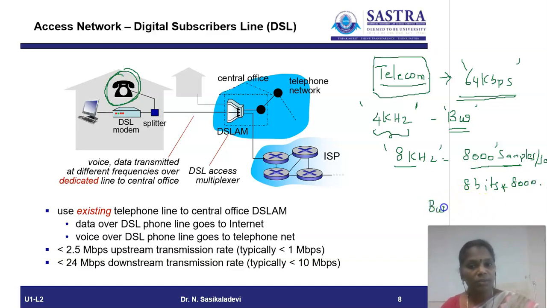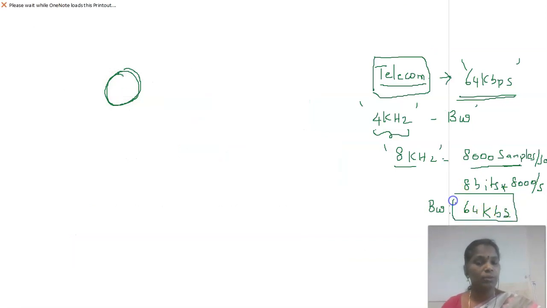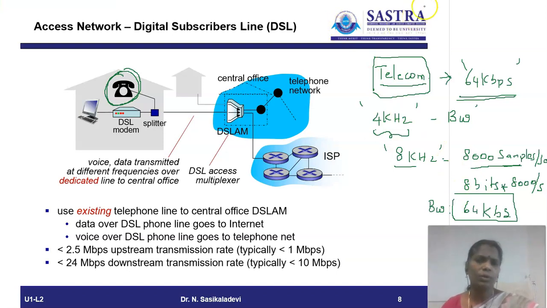So what is my bandwidth requirement? This is nothing but 8 into 8,000, which is 64,000 bits in every second. That's why the telecommunication system requires just 64 kilobits per second bandwidth.